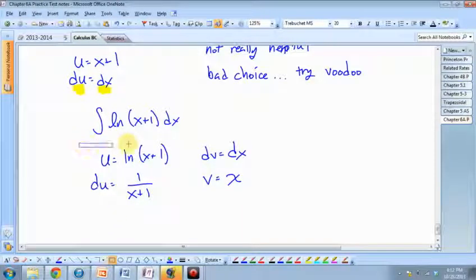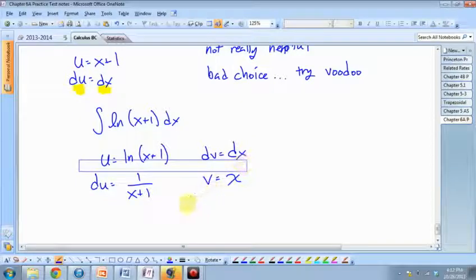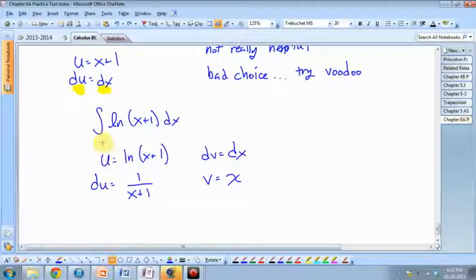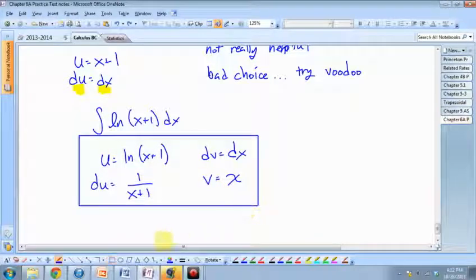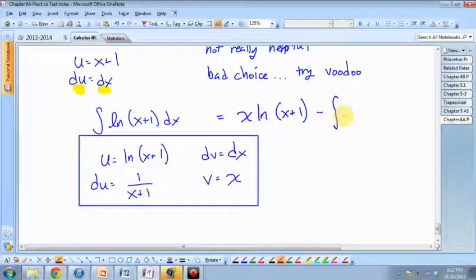Okay, so let's. Oh, that looks bad. Let's put u in a box. And this is now equal to uv, so x natural log of x plus 1 minus the antiderivative of v du.